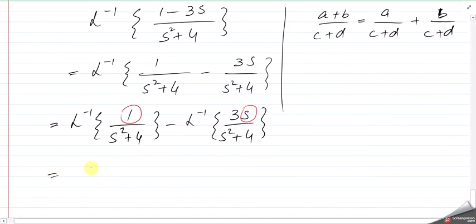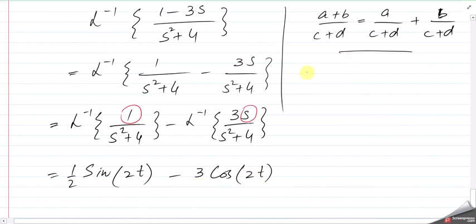This one will become 1 by 2 sine 2t, and for this one 3 is going to come out, and then cos 2t, so 3 cos 2t. In case of cos, we do not divide by k, so that's why no divided by 2 in case of cos.